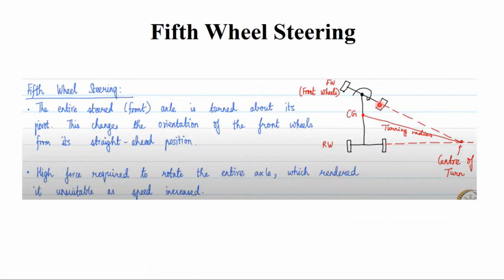During cornering, you don't turn the vehicle at high speed, right? Especially when cornering left or right, you need some force to rotate the entire axle. Even when I say small force, you still need a reasonable amount of force, which is considered high.